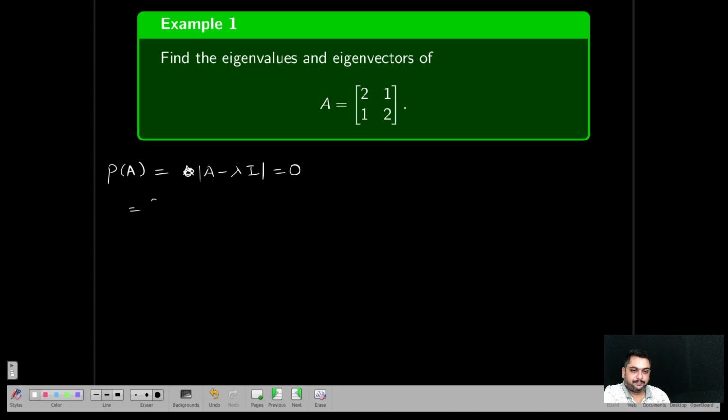What is A? Matrix A is 2 1 1 2. Lambda is a scalar, and then I is 1 0 0 1, a 2 cross 2 matrix. So this will be 2 minus lambda, 1, and then 1, 2 minus lambda.